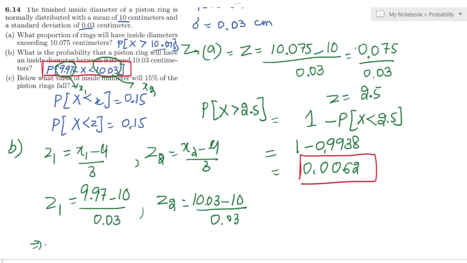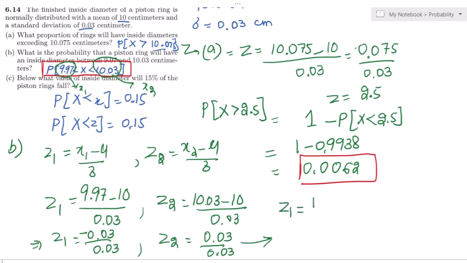So z1 is negative 0.03 divided by 0.03, and z2 is positive 0.03 divided by 0.03. Therefore, on the basis of this formulation, the value of z1 is -1 and the value of z2 is 1.